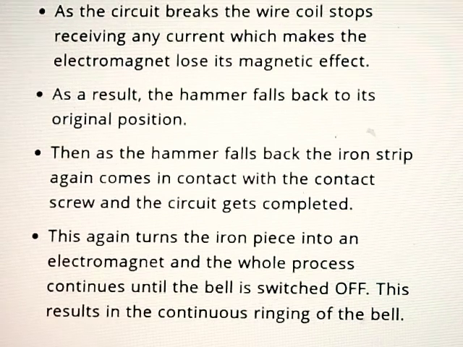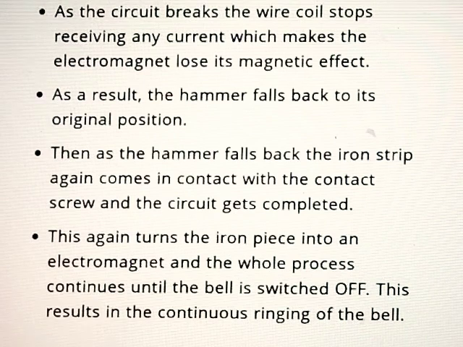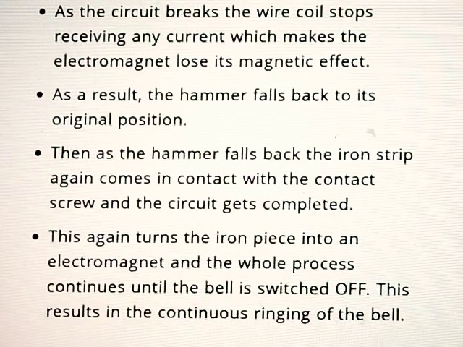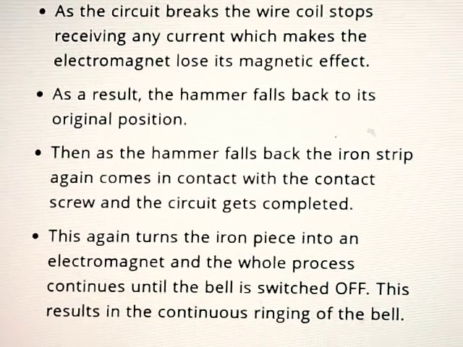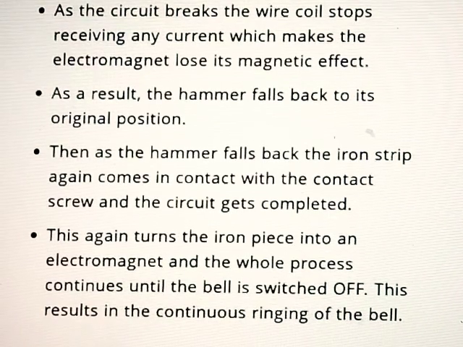Then as the hammer falls back, the iron strip again comes in contact with the contact screw and the circuit gets completed. This again turns the iron piece into an electromagnet and the whole process continues until the bell is switched off. This results in the continuous ringing of the bell.